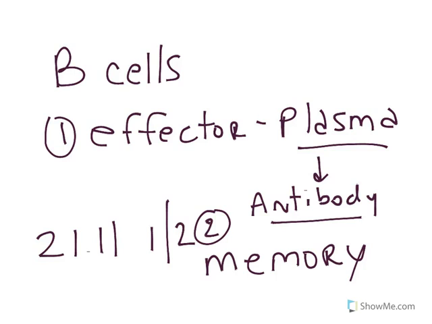So the same antigen is now encountered again, and now look, we've actually produced more plasma cells the second time around with more antibodies and more memory cells, meaning that a secondary re-exposure to the same antigen provides a faster, prolonged, and more effective response because of this memory that we had.